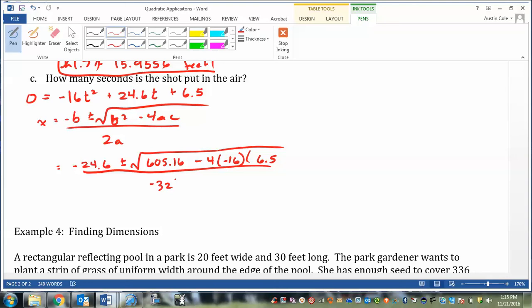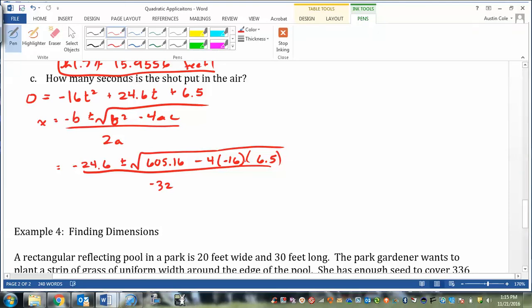Now, I have two negative signs, which means I'm going to get a positive plus there. So negative 4 and negative 16 is negative 64, or excuse me, positive 64, yeah. Times 6.5.